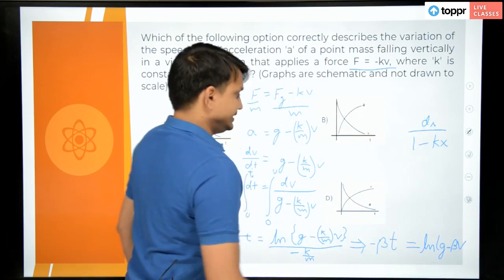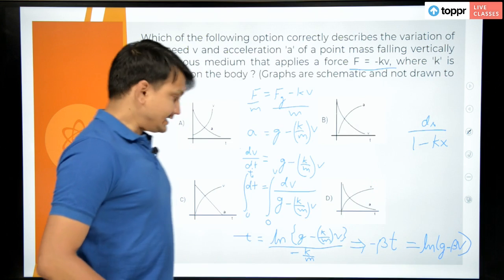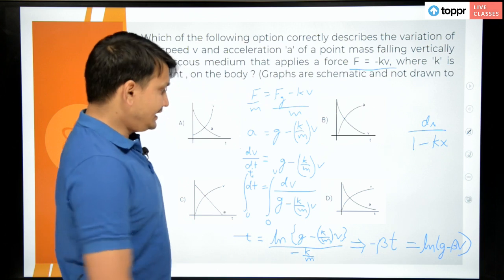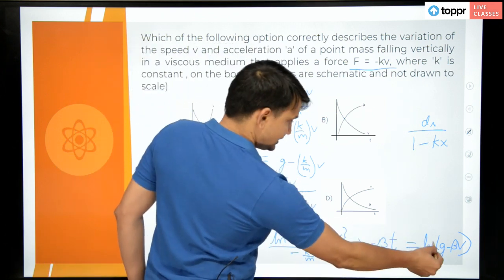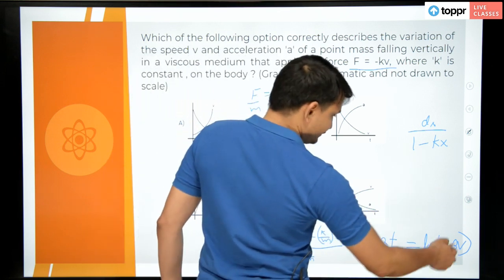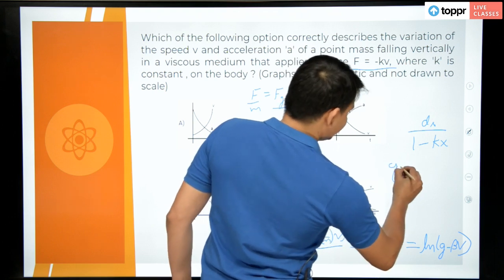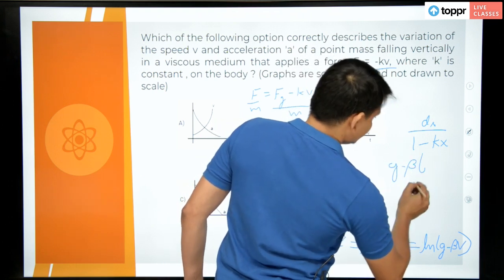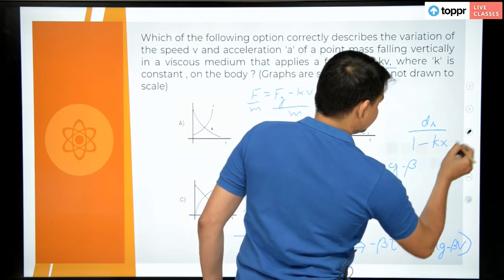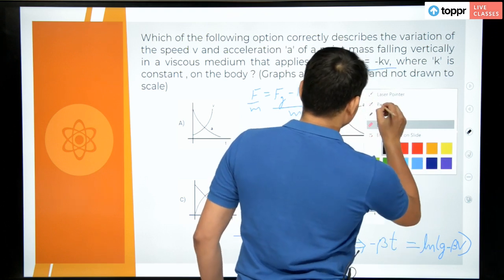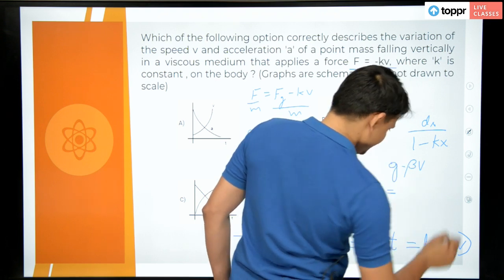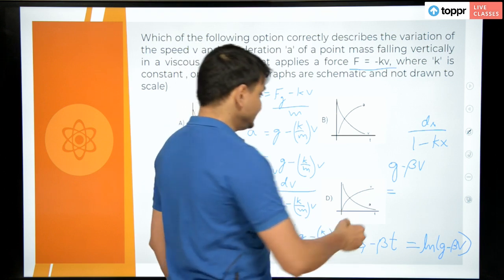In fact, I should have taken a bit of blank paper to work on it. So, if you extend this thing here using e, meaning taking anti-log on both sides, what would we be getting? g minus beta v is equal to e to the power minus beta t.